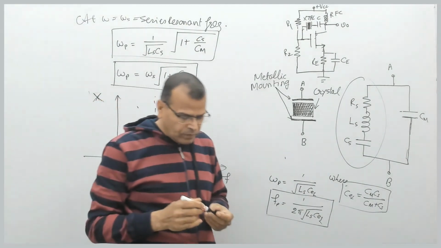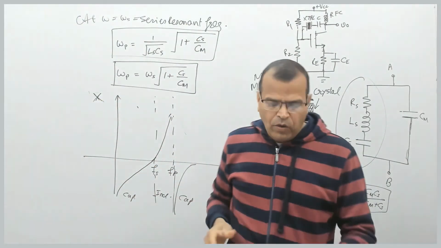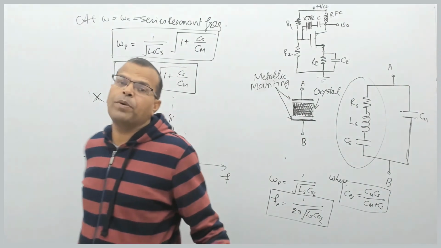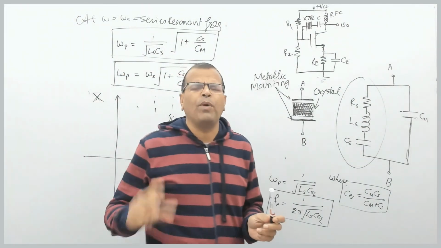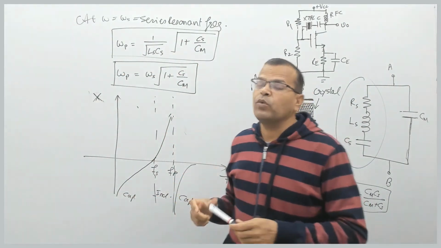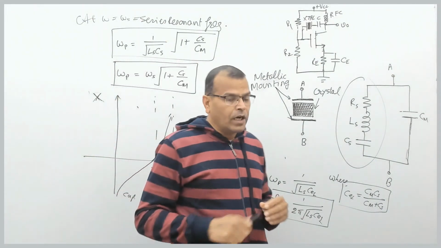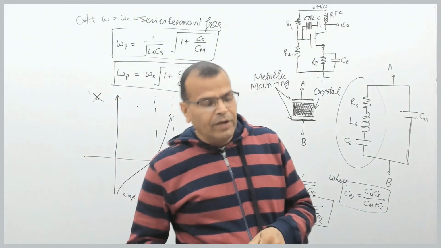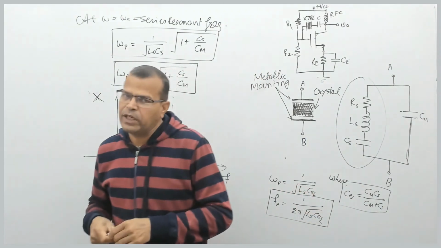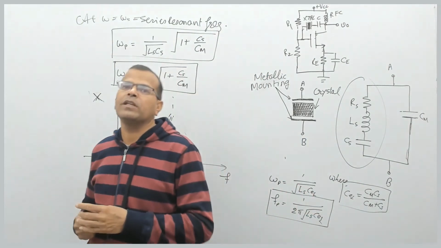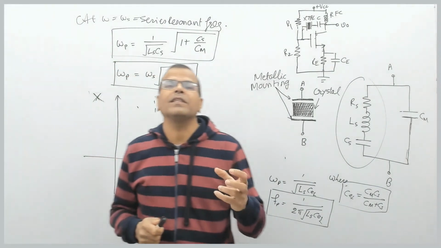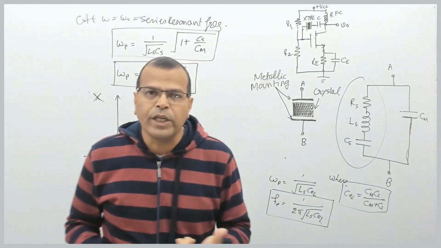Fine. So now that finishes your topic on oscillators, but there are a few points where questions appear in the engineering services prelims exam. There are two more oscillators in general. One is the negative resistance oscillator. The negative resistance oscillator makes use of a negative resistance device like UJT.